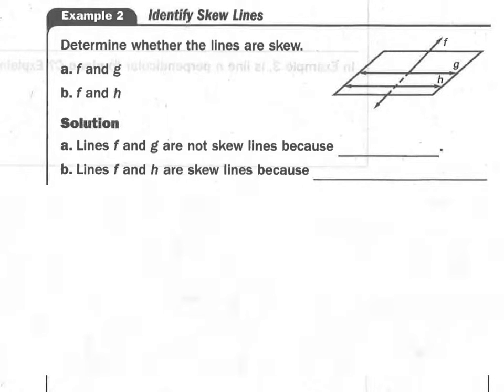F and G. It looks like G belongs to this parallelogram, this plane, plane A. G is on plane A. Think about plane A as a sheet of paper or your tabletop. And F is like a sword or a line that goes through that tabletop. And it intersects tabletop A at this point, which is right on G. So F and G are not skew lines because they intersect.